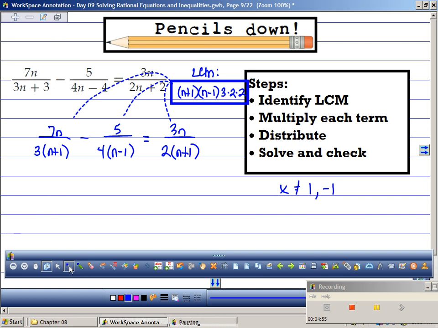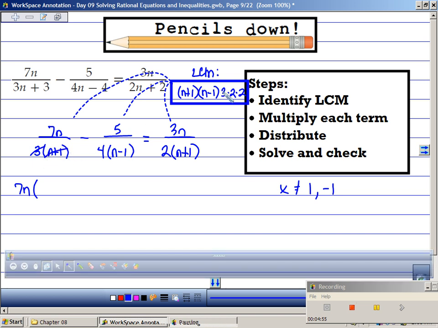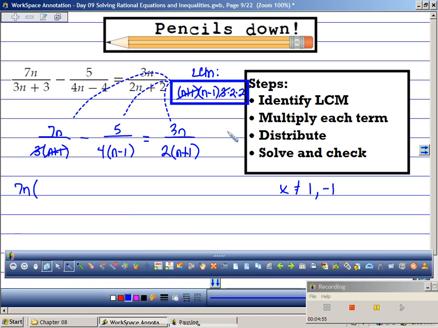All right. So I'm going to get to distributing. I've got a 7n in the numerator, and I'm going to multiply that by whatever's left over. 3 and n plus 1 cancel. What's left over? 4 times n minus 1.